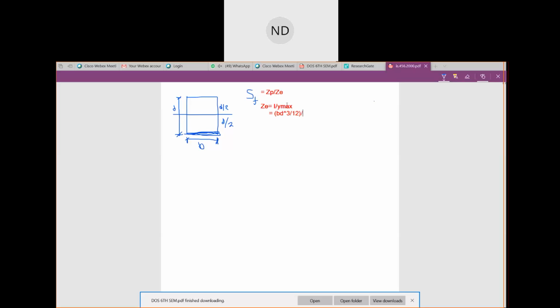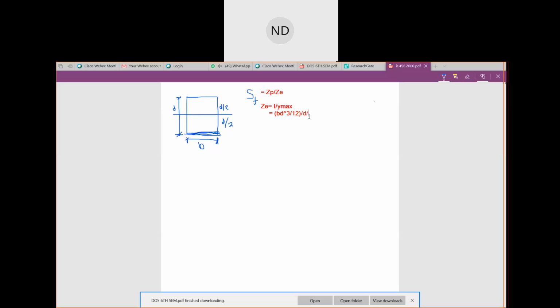What is your Y max here? Y maximum is measured from the CG. The CG divides the section into two halves, so the maximum distance from the bottom to the CG is D by 2.